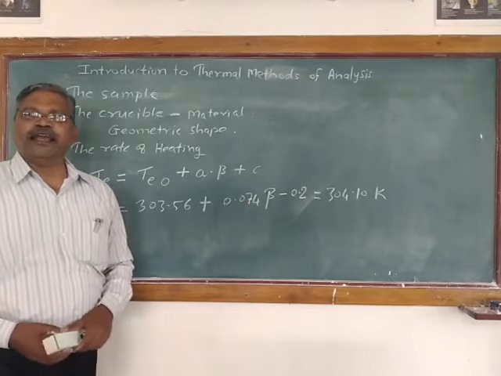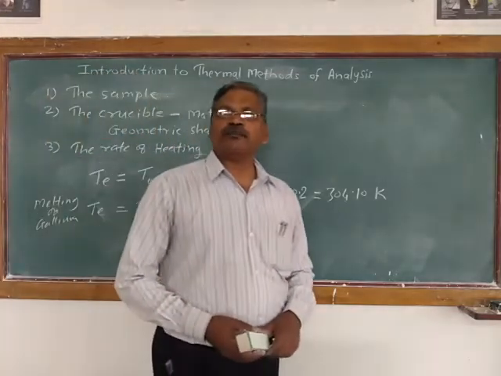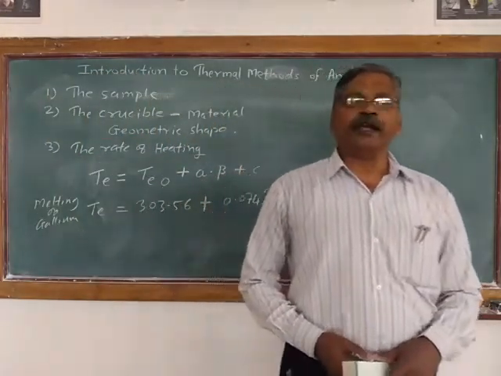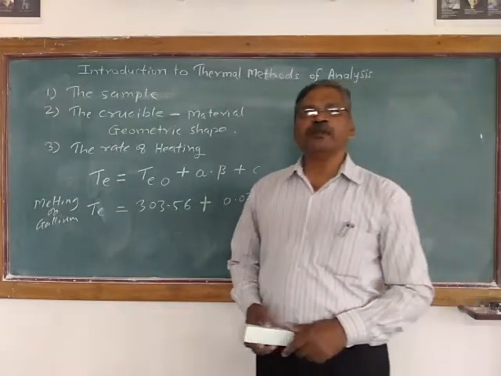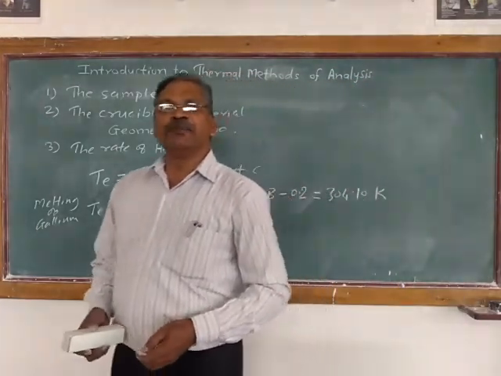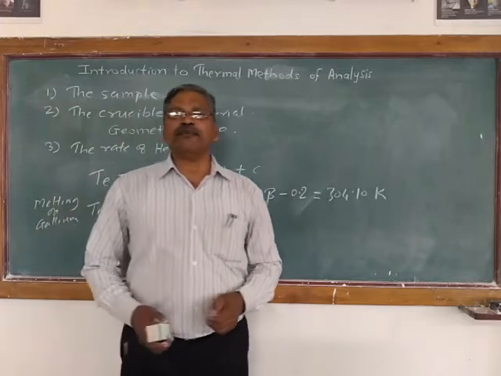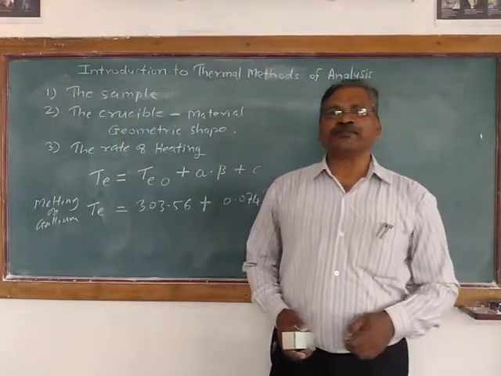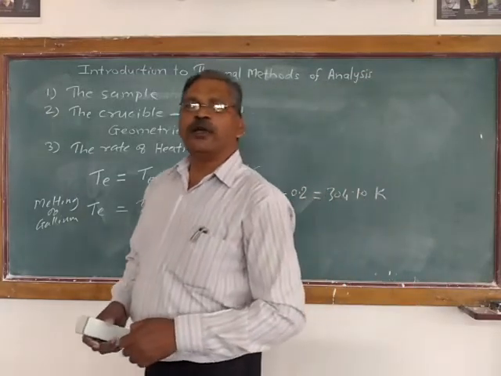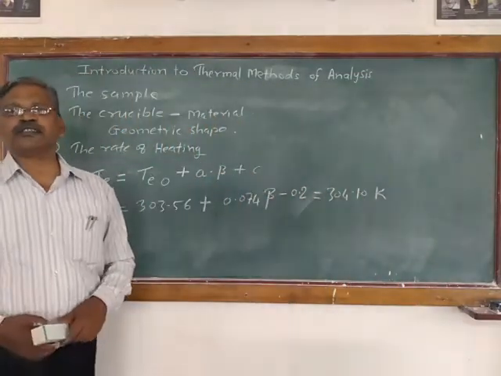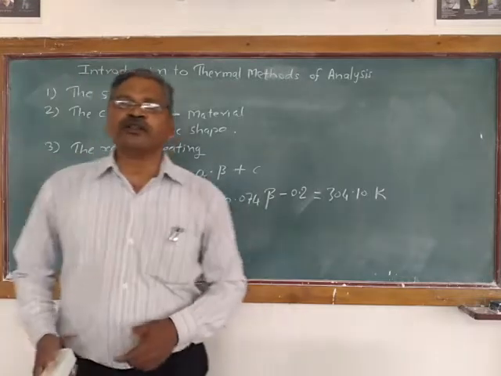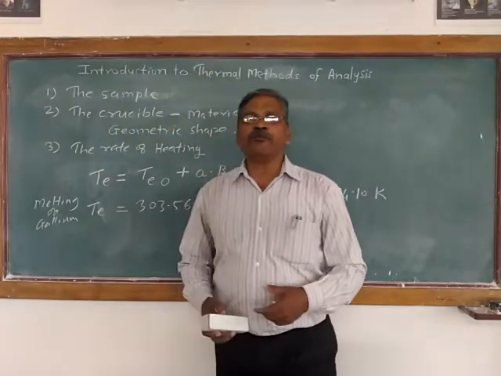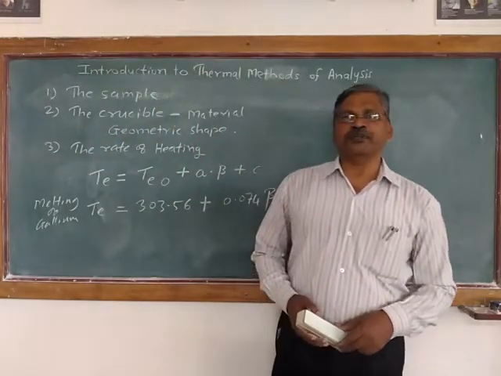A rapid heating rate may allow some of the samples to melt before they decompose. If you keep the heating rate high, then sometimes the sample may melt before its decomposition takes place. While at a slow heating rate, all the reactions have occurred before the sample melts, or before the melting temperature is achieved.